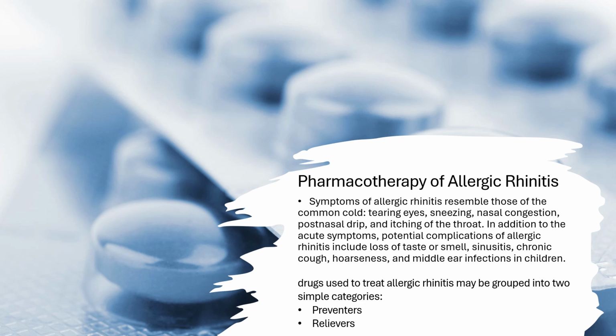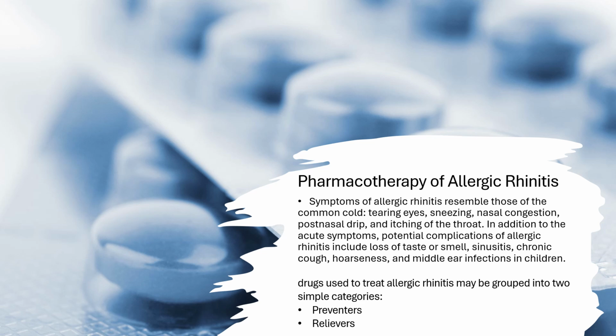The therapeutic goals of treating allergic rhinitis are to prevent its occurrence and to relieve symptoms. Thus, drugs used to treat allergic rhinitis may be grouped into two simple categories. Preventers are used for prophylaxis and include antihistamines, intranasal corticosteroids, and mast cell stabilizers.